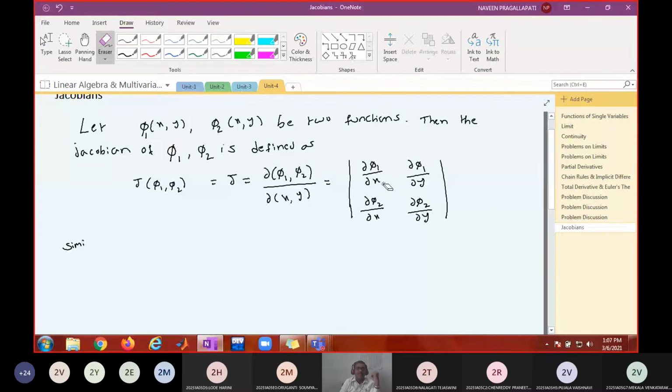Similarly, if you have three functions, phi 1 of x, y, z, phi 2 of x, y, z, and phi 3 of x, y, z, then how do you define the Jacobian?